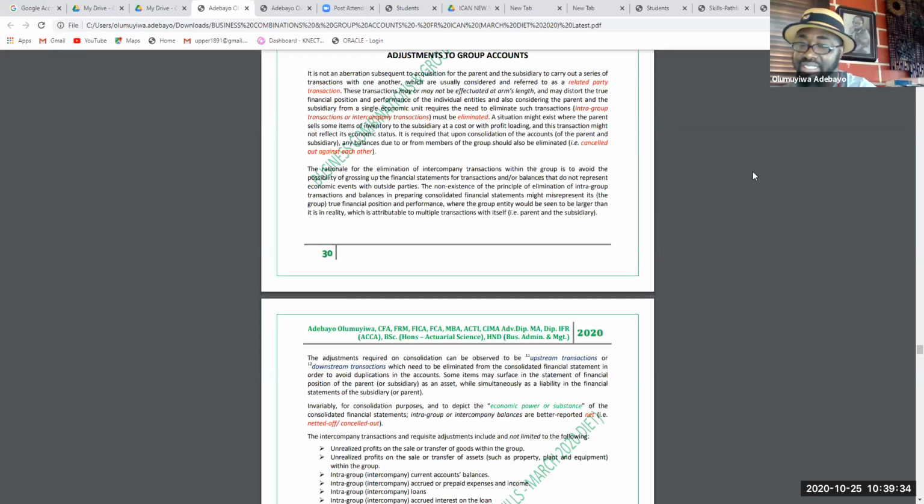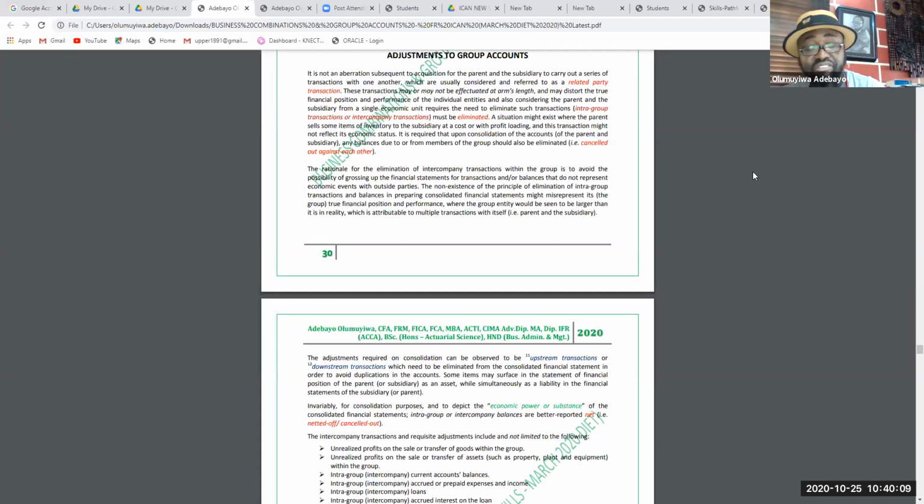But unfortunately, remember, from a single entity perspective, both entities have to operate separately and account separately. And in that light, what then happens is that the subsidiary or parent who got the asset from the other will still maintain depreciation based on the transaction that occurred, which then means giving rise to either excess depreciation charge, which you have to revert, or under depreciation, which you have to recognize an additional depreciation to make it up.